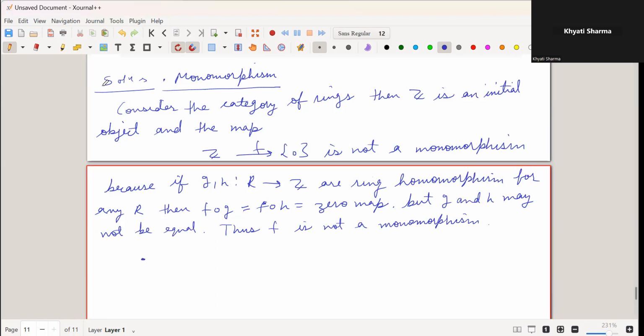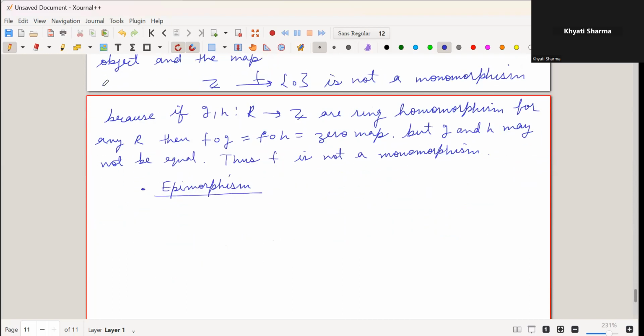Now for epimorphism, consider the category of groups.